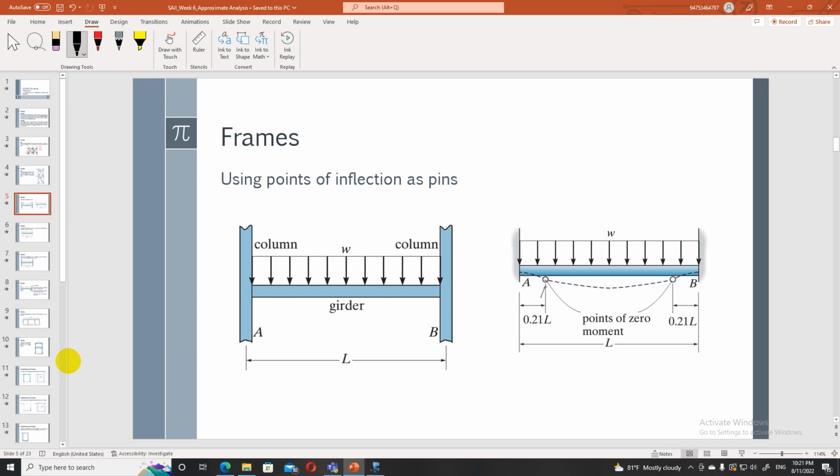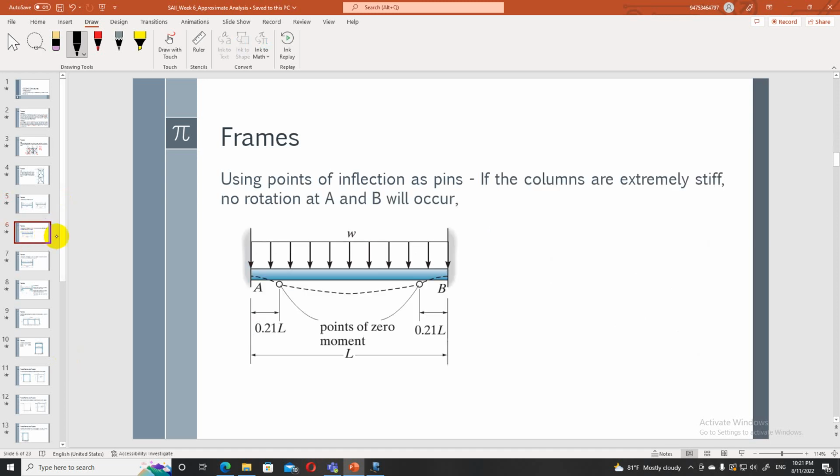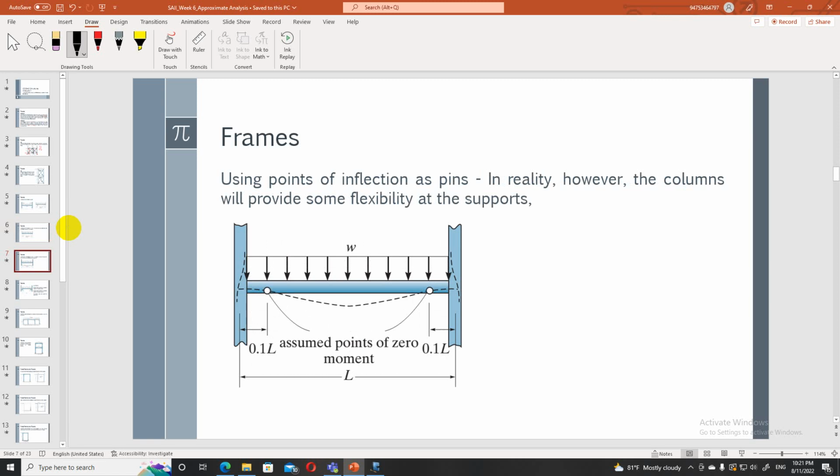Okay, so that is the method: using the point of inflection as a pin, if the columns are extremely stiff and no rotation at A and B will occur. So 0.21 L will be the point of inflection, or the moment 0 point, if the columns are extremely stiff. In reality the columns are not extremely stiff; they provide a little bit of flexibility.